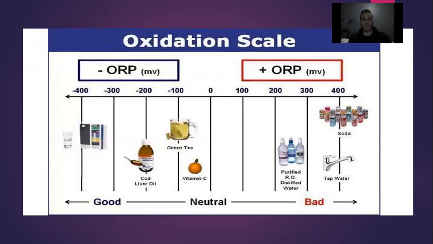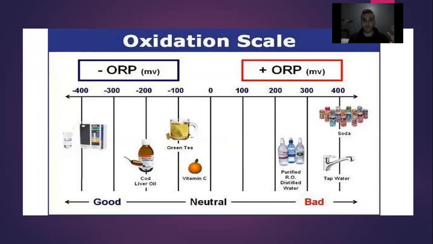So let's say green tea is at negative 100 and Kangen water is at negative 400. Well, the negative 400 is 6.9 times 6.9 times 6.9 times more negative than the green tea. That's what the meter is representing. Each whole value increase or decrease is a multiple of 6.9.